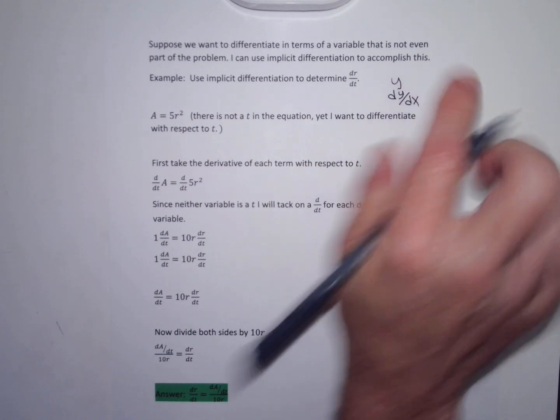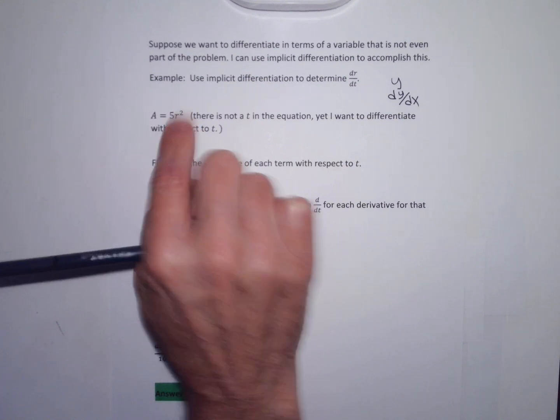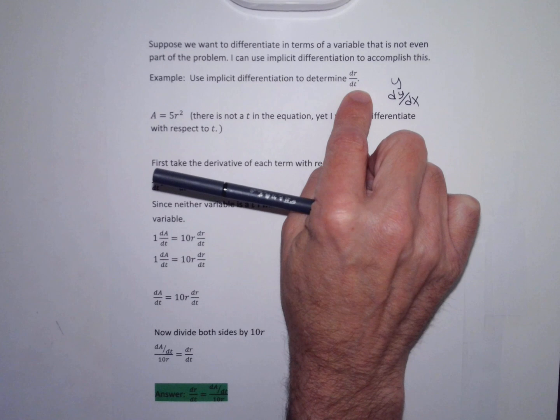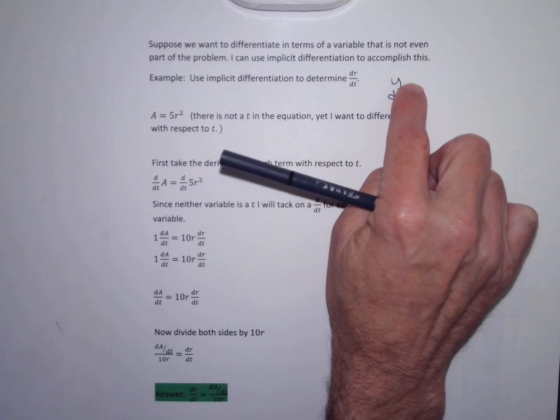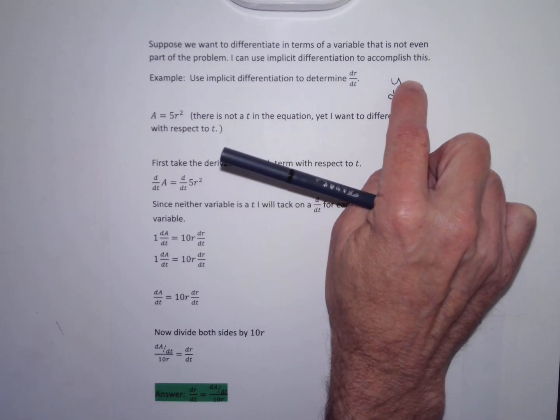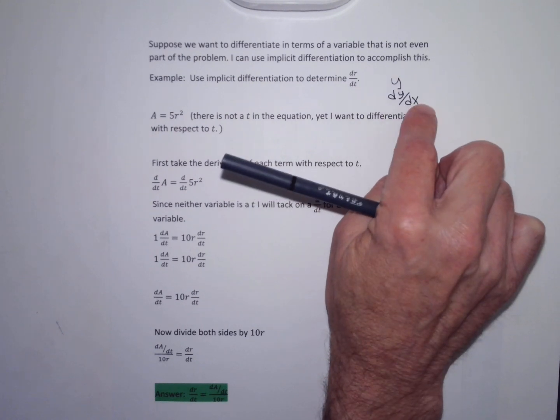In this problem, I'm going to take the derivative using the generic power rule, and because I'm asked to find the derivative in terms of t, I'm going to tack on a d that letter dt. Here, when I was finding the derivative in terms of x, when I took the derivative of something that wasn't an x, I tacked on a dy dx.